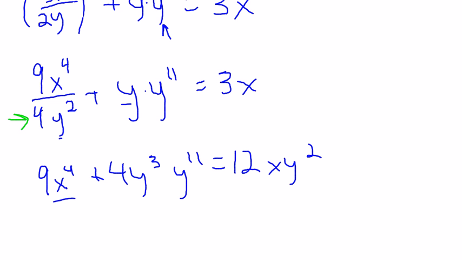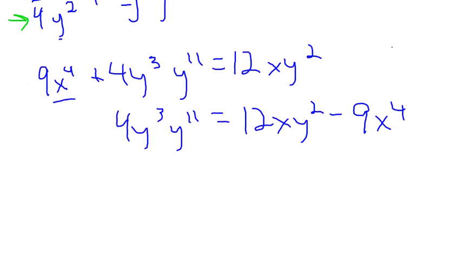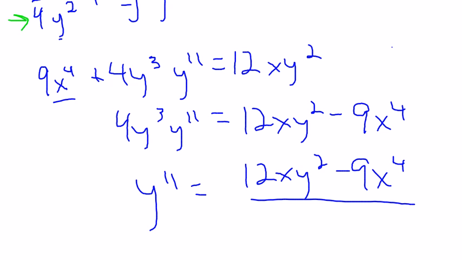Take this term, move it over to the right-hand side, and that gives me 4y cubed y double prime equals 12xy squared minus 9x to the 4th. Last step, I just need to divide by the 4y cubed. y double prime equals 12xy squared minus 9x to the 4th, all over 4y cubed. Is that it? I think that's good. Circle.